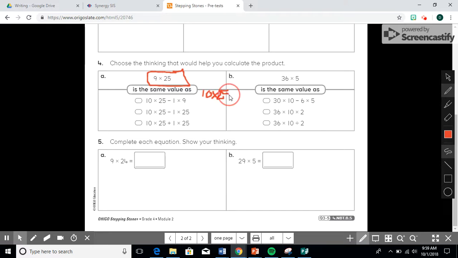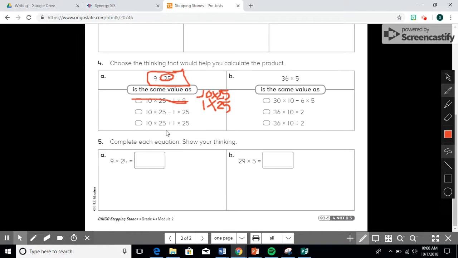And then we would take away a row of 25. So we would do 1 times 25, not 1 times 9, because we want to take away one row of the number we're multiplying by. So this one is not our answer. We have 10 times 25 minus 1 times 25. So that seems correct because that's what we did over here.